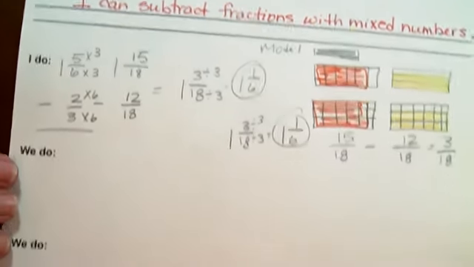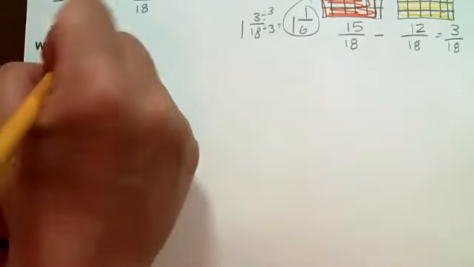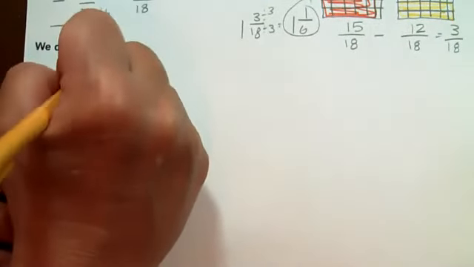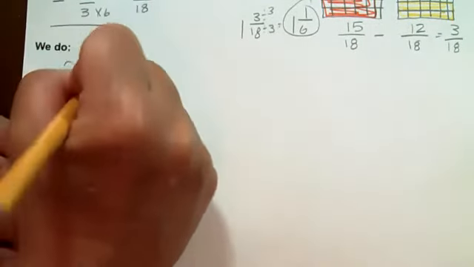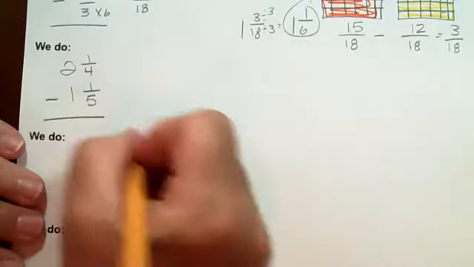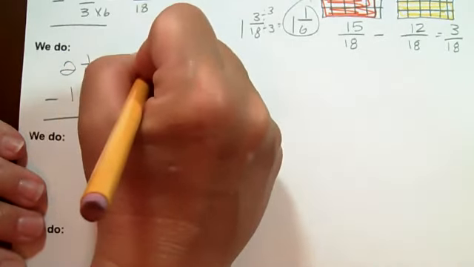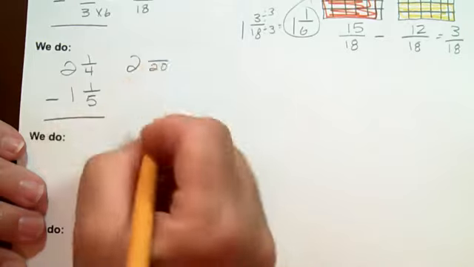All right, as we move on to number 2, we've got 2 1/4 minus 1 1/5. We both know, or you should know in the 7th grade, that the common denominator for 4 and 5 is 20.